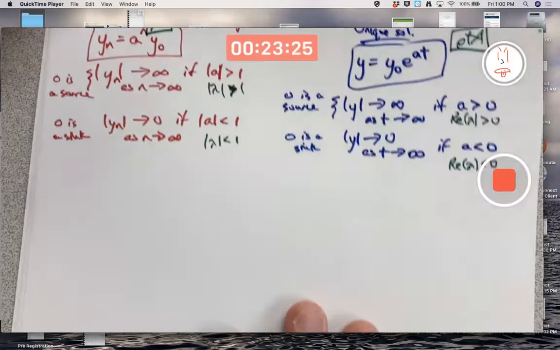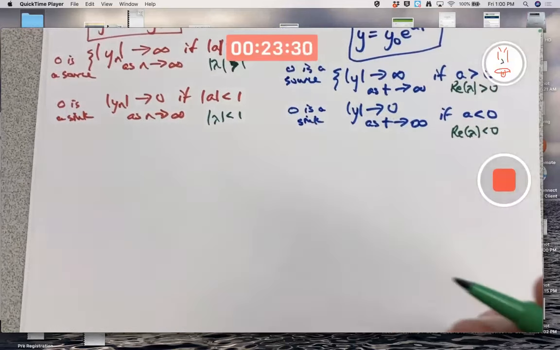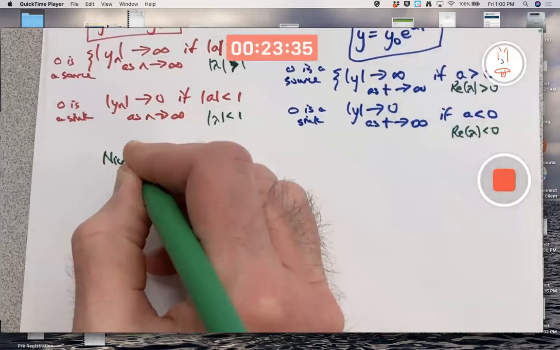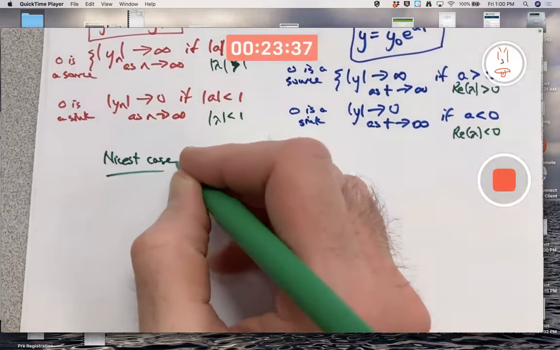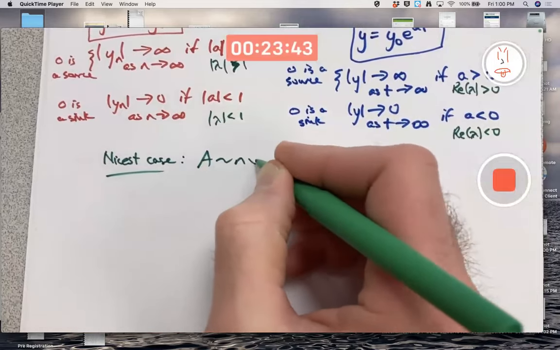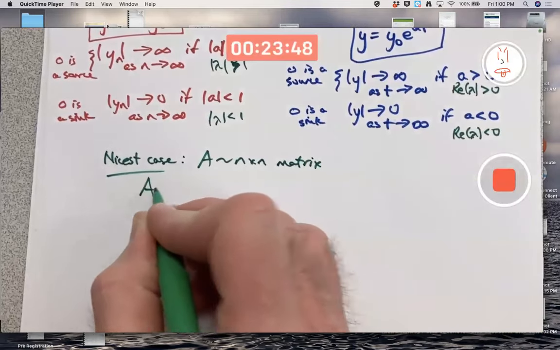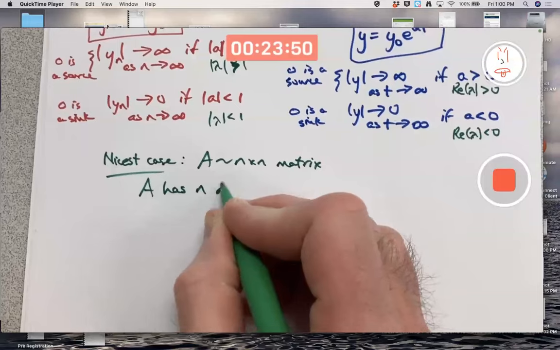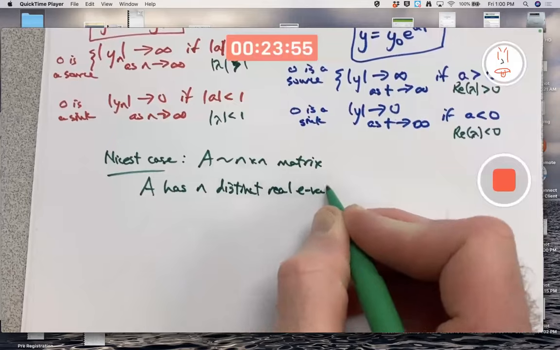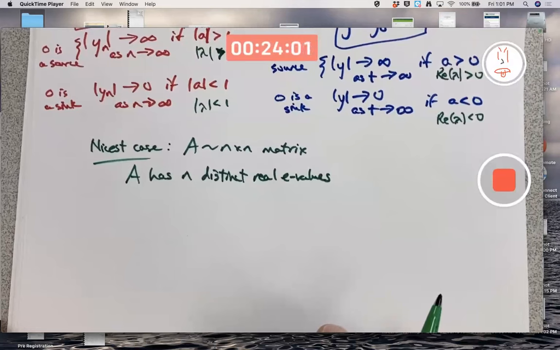Let's summarize the diagonalizability kind of stuff. I'll talk in generalities here. In the nicest case, A is an n by n matrix, and A has n distinct real eigenvalues.